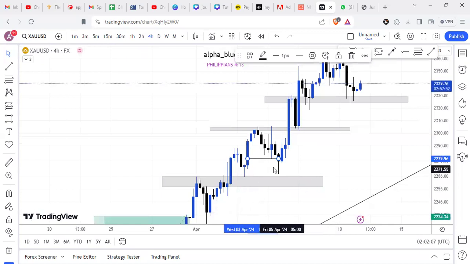So once we've seen that, the next thing is for us to see a confirmation that price will continue to be bullish, which is we're waiting to see a 4-hour candle close. Why I choose the 4-hour candle close is because it tends to be more respected.